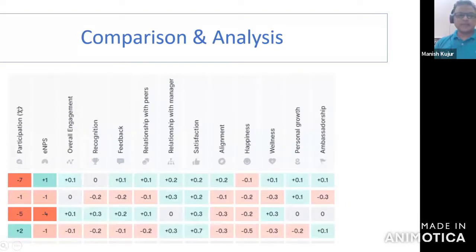And then further, you can also do some analysis. Okay, fine, for a particular group, maybe the recognition participation went down by 7 points, and for another group the participation percentage went down by 5 points. Similarly, what is the growth for a particular group? This is how you can do the comparison and certain analysis, and basis that you can focus on the programs.